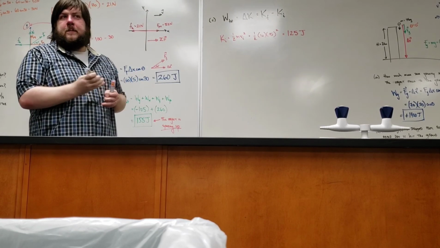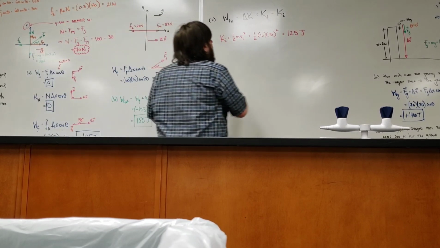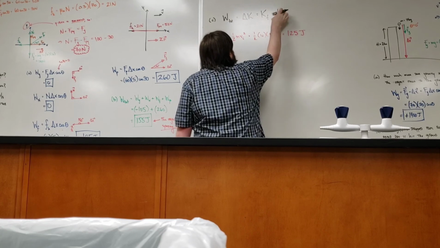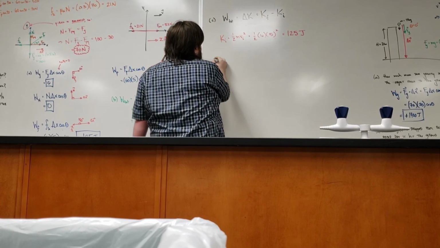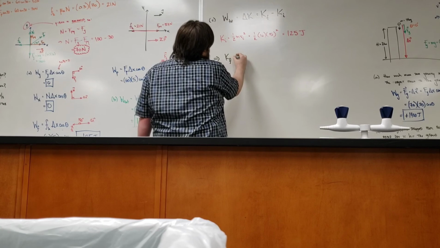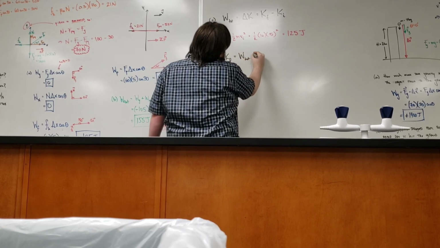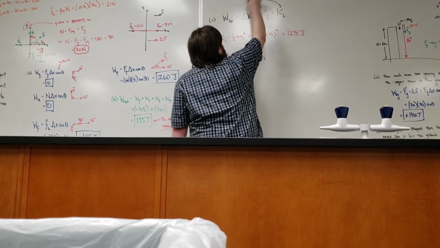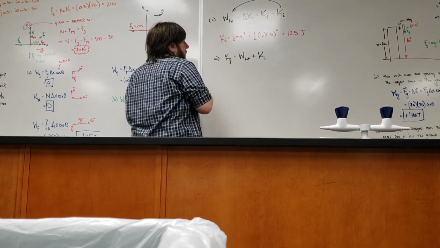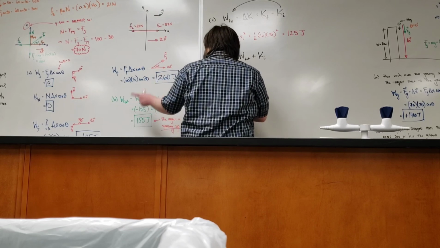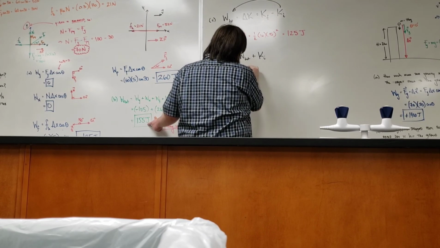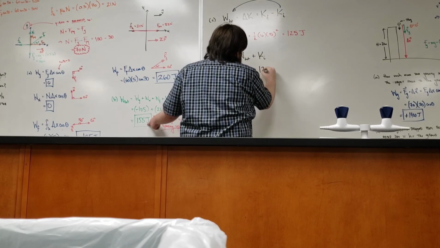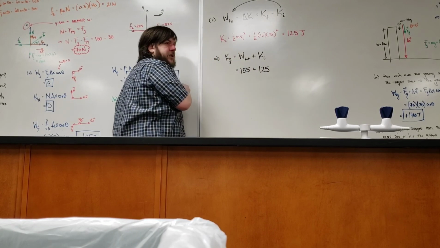So for the final kinetic energy, all I have to do is add the initial over to the left-hand side. The final kinetic energy is the total work plus the initial kinetic energy, right? The total work we found was positive 155 joules, and the initial kinetic energy was positive 125 joules.